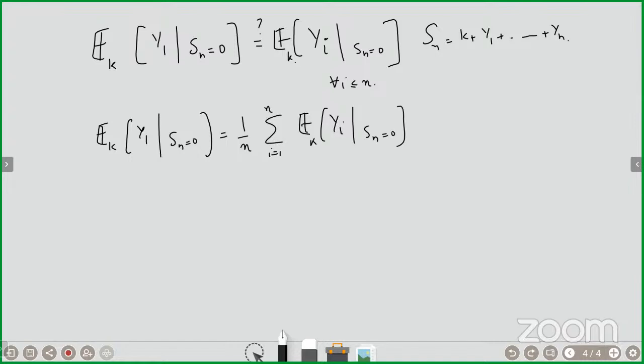Right? If that is true, this is also true. Now what can I do next? Again, push the expectation inside the summation. That's the power of linearity of expectation. This is also equal to 1 over n times the expected value of the summation.